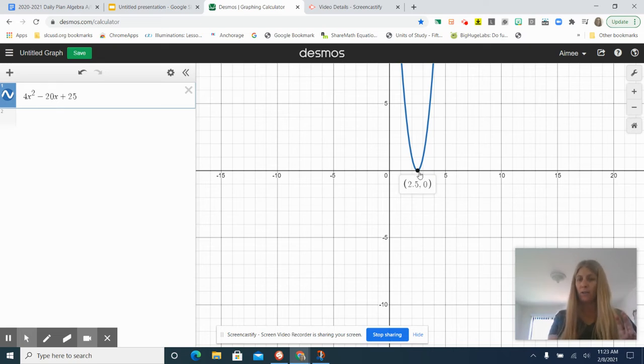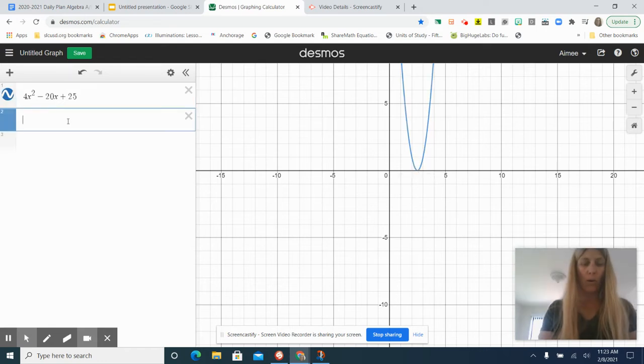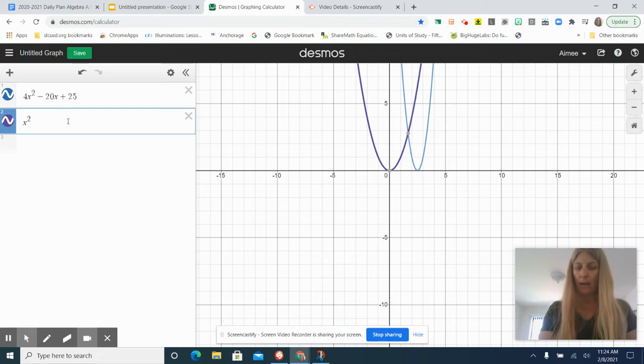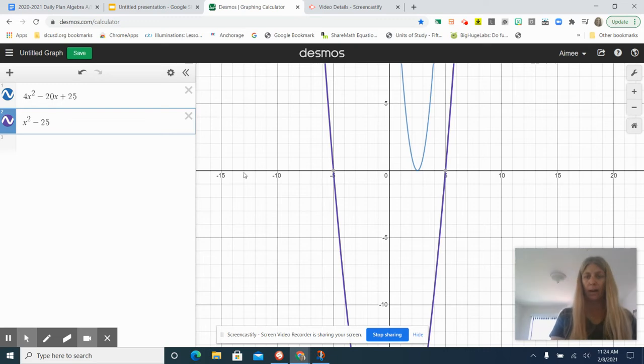We can have no x-intercepts, we can have 2, which are most of the ones we've been solving, or we can have 1. And there's special names for each of these. This one right here is a perfect square trinomial. And then we have a difference of squares, which is the one that we talked about last class, like this, right?